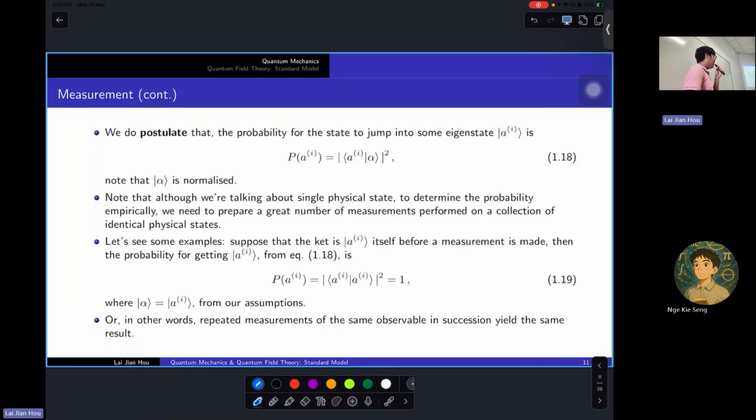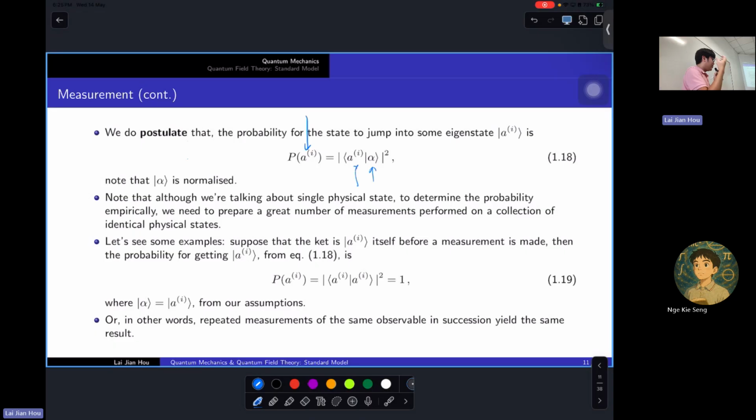We talked about many of these properties in the past few weeks, where we postulated that the probability of the state to jump into one of the eigenkets is expressed like this. The probability of jumping into one of the eigenstates A_i is the inner product between the physical state and the eigenstate A_i, taking the norm squared.